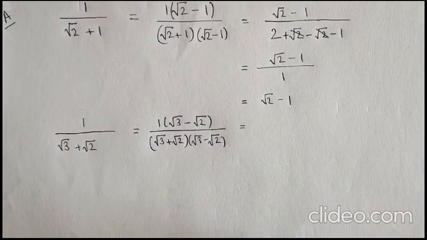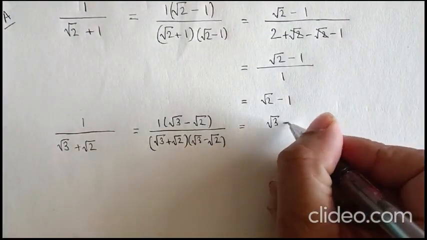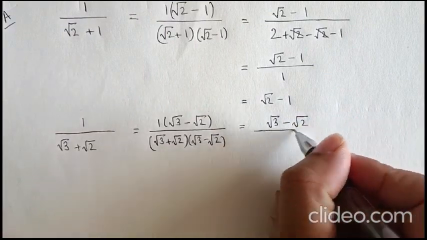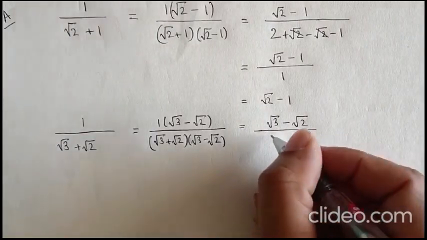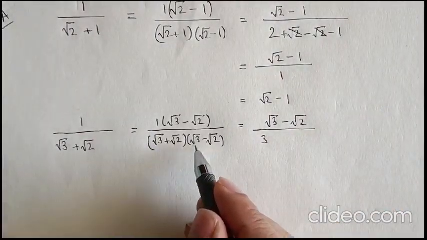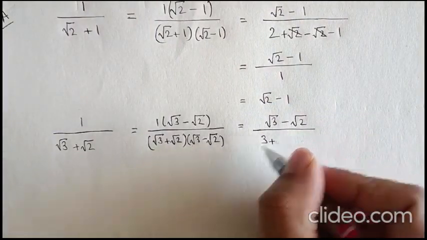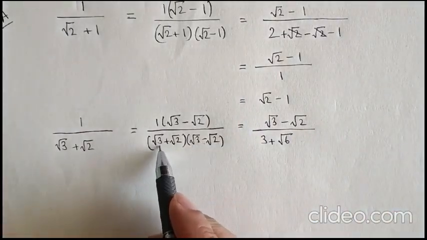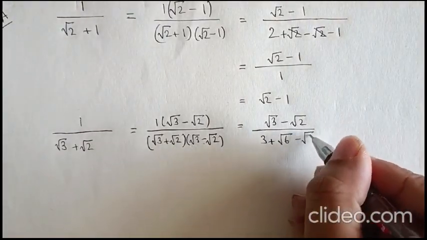Okay. So on top we will have root 3 minus root 2 and divided by root 3 into root 3 will give us 3, right? Root 2 into root 3, so plus root 2 into root 3 is root 6, minus root 3 into root 2, so that is minus root 6.